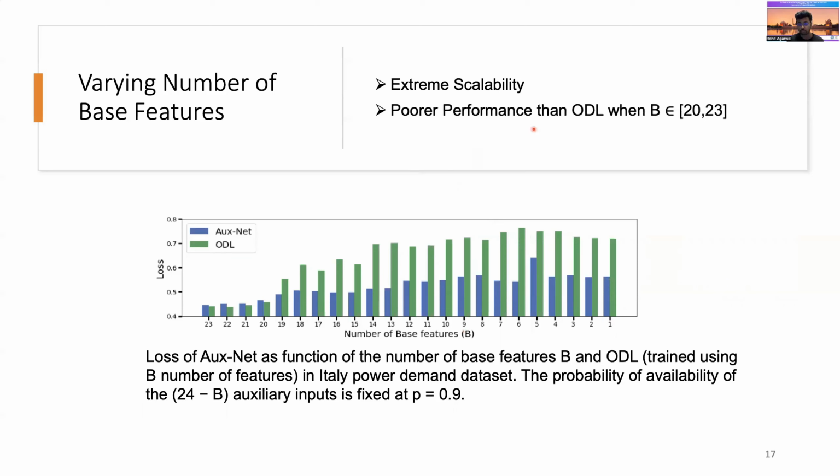However, Aux-Net performs poorer than ODL when the number of base features is from 20 to 23, since the cumulative importance parameters of auxiliary inputs are less than the importance parameters of the middle layers as compared to the other cases.